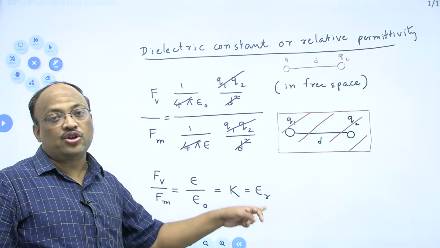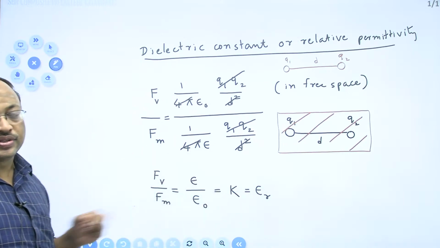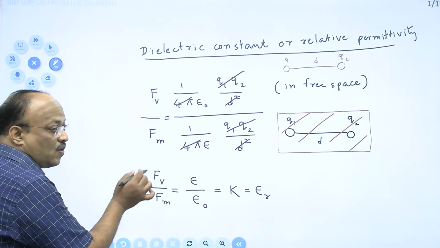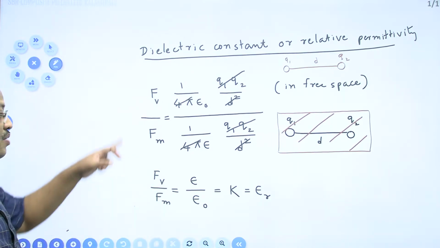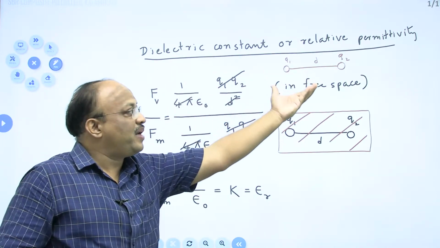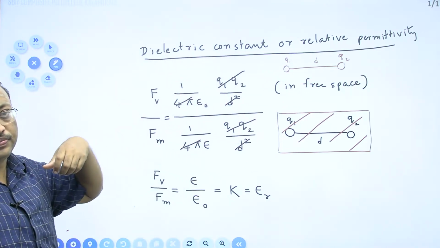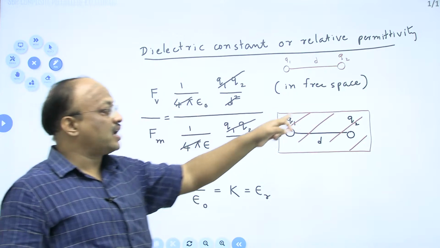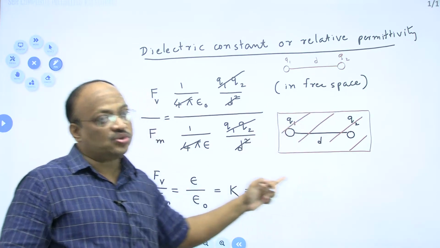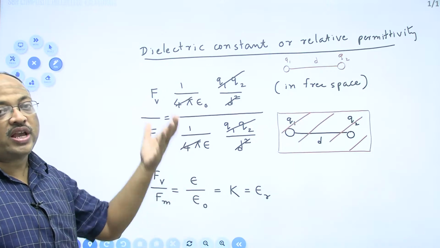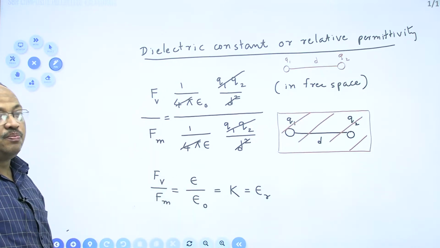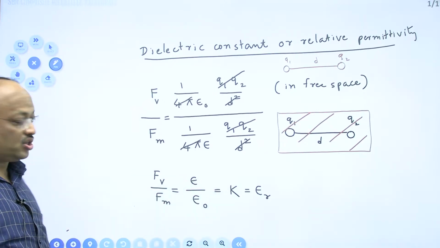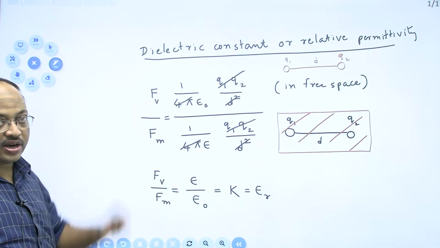Dielectric constant or relative permittivity of a medium is the ratio of force of attraction or repulsion between the two charges separated by certain distance to the force between the same two charges separated by same distance placed in that medium. Fv by Fm is the dielectric constant.